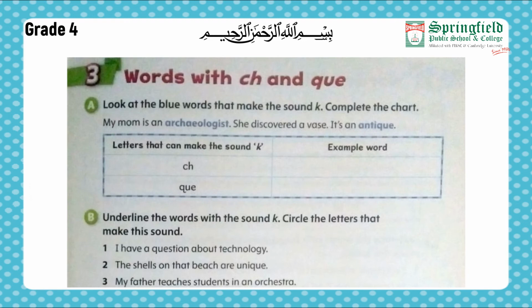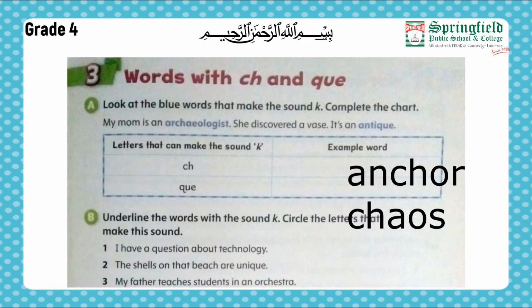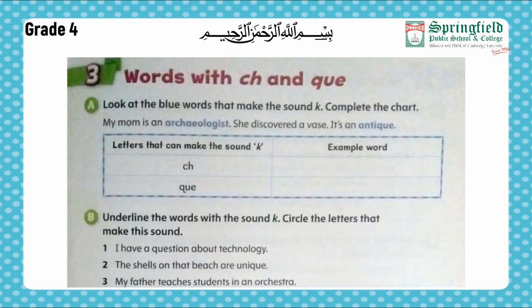A few examples of CH giving the sound of K in words are anchor, chaos, and chemist. I hope that you will be able to find some more words with this sound and write them here.